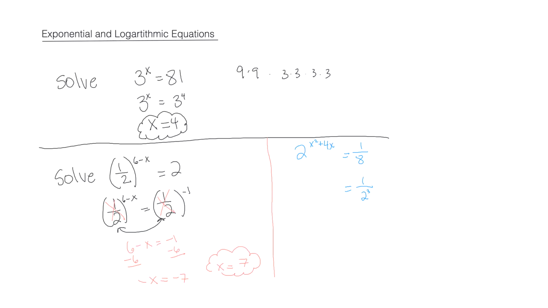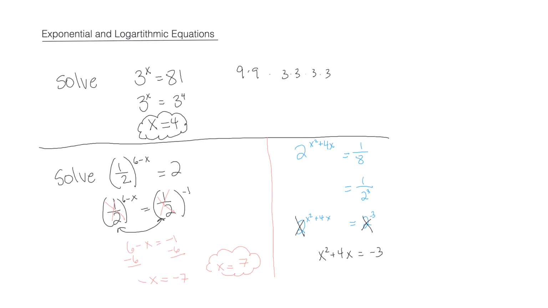And if I didn't want this to be a fraction anymore, I would make my exponent negative, which will bring it to the top. So it equals 2 to the minus 3. So I'll set those equal to each other with the same base of 2. Now I can ignore the base and set the exponents equal. And I have x squared plus 4x equals minus 3.